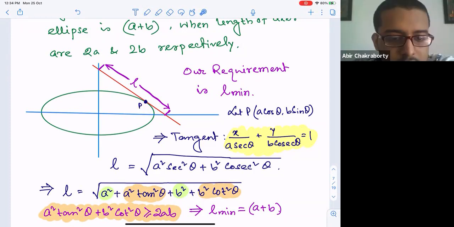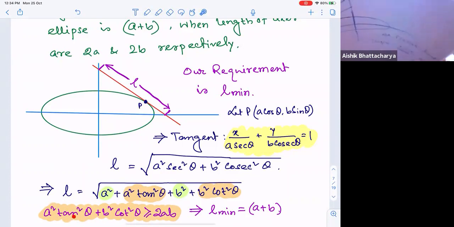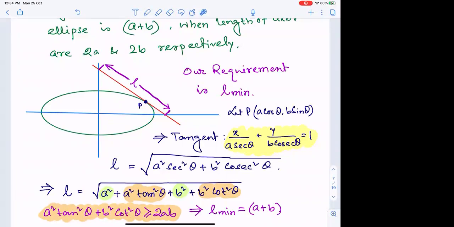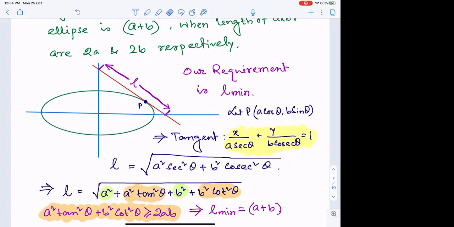If a square tan square theta is equal to b square cot square theta. Very good. So if a tan theta equals b cot theta, these two terms are the same, they are identical, then only AM can be equal to GM. If you equate these two terms, that gives you a degree 4 relation in tan theta, like tan to the power 4 of theta equals b square by a square, right?